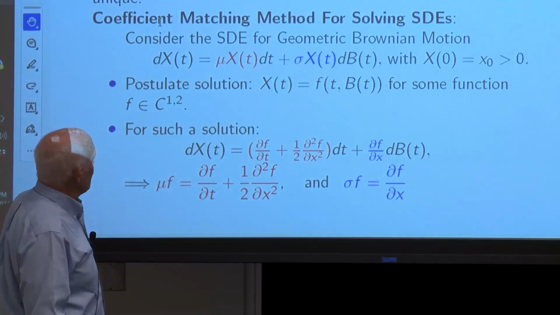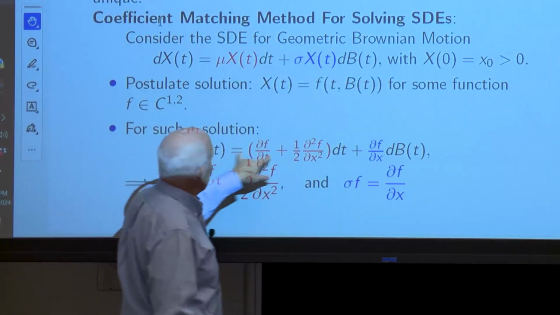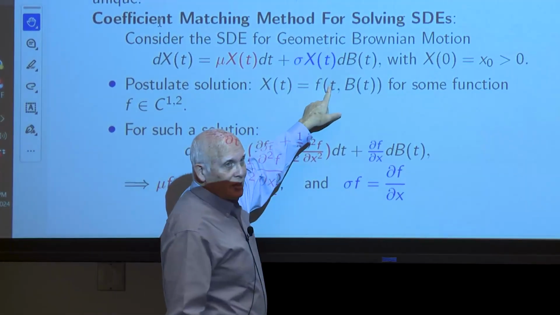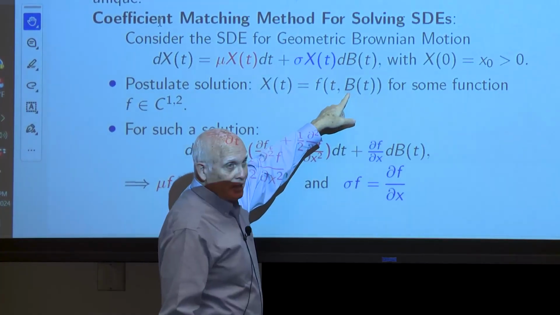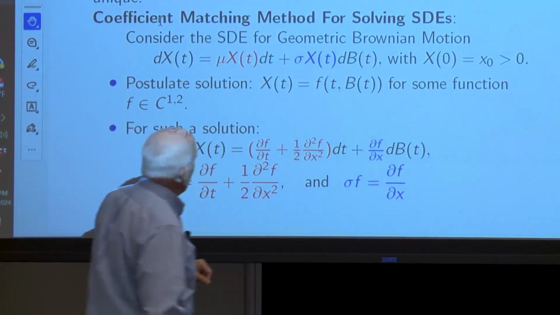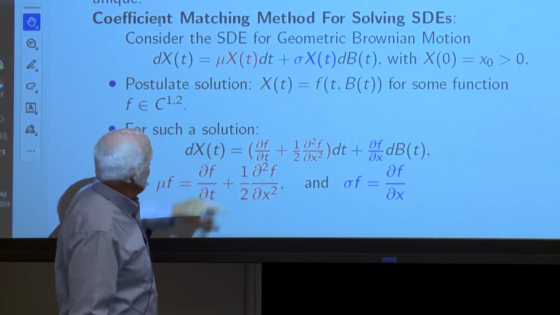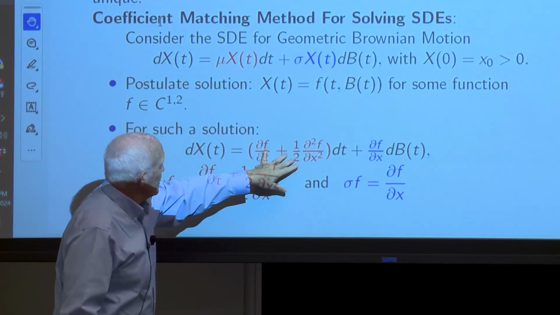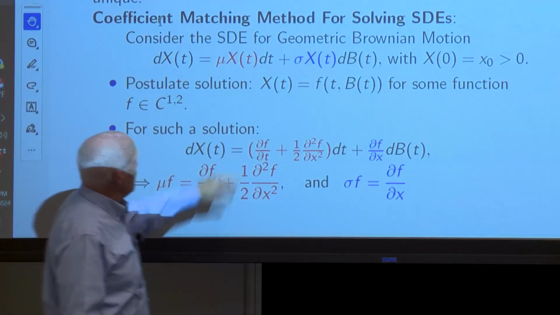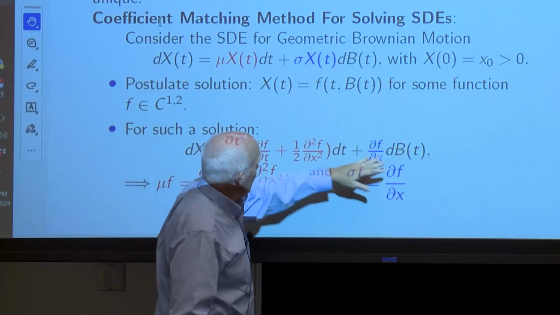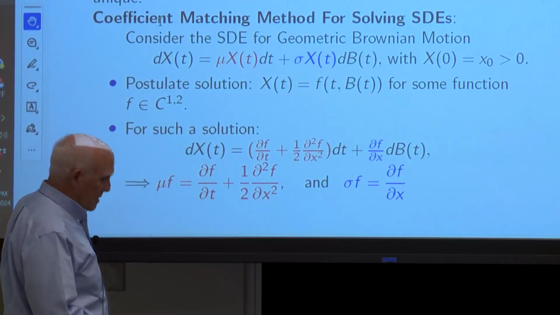Basically this dx of t is applying the chain rule to f of t and Bt. And we can then say, let's match mu x of t with this red term here, and match sigma x of t, the coefficient of dBt, with df/dx.